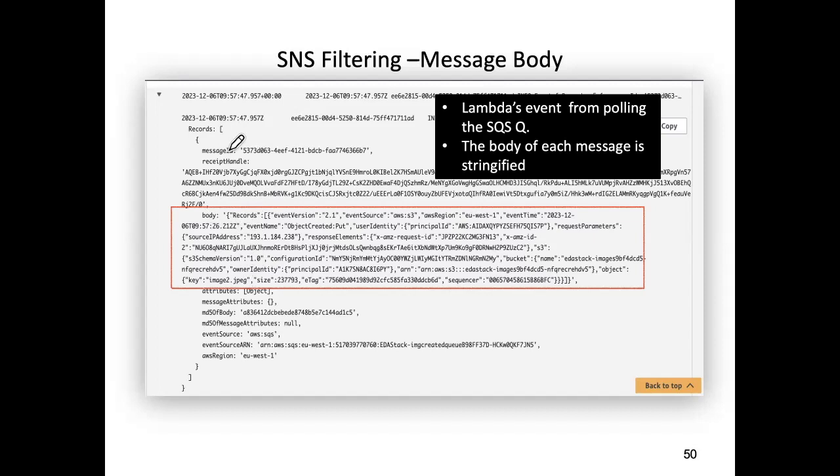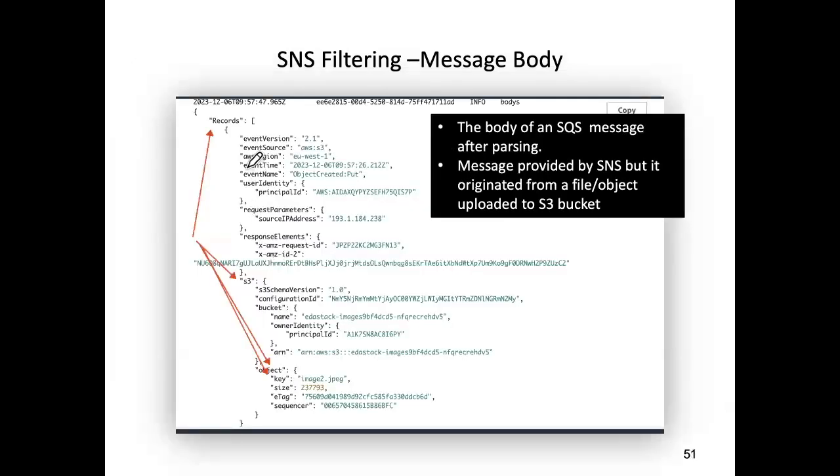It's some extra wrapping that's added on by SQS, or indeed by the Lambda service itself. And if we parse this, we know now that this message actually originated way back in S3, when S3 sent a message to SNS. And when we parse it, this is what it looks like.